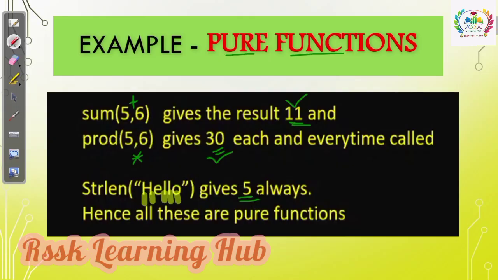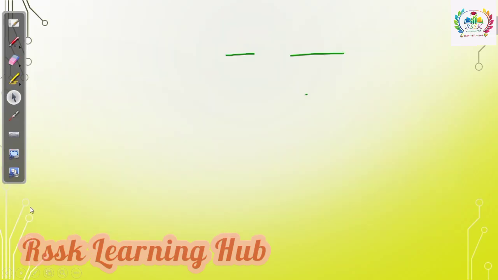If you run this function any number of times, the value displayed will be 5 only. Hence these are some examples of pure function. Now we will move on to impure function.